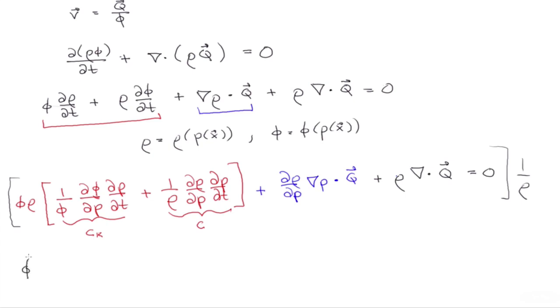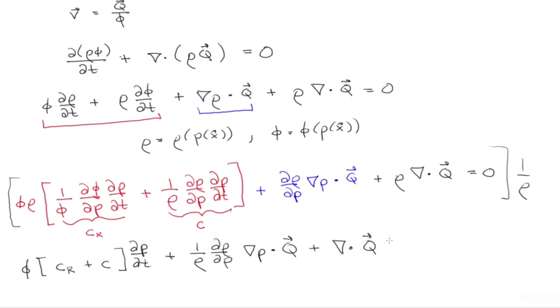So we have now phi times the compressibility of the rock plus the compressibility of the fluid, dp dt, plus 1 over rho, and we can see here again we have the compressibility of the fluid, and we're also going to define the compressibility of the rock plus the compressibility of the fluid as the total compressibility.